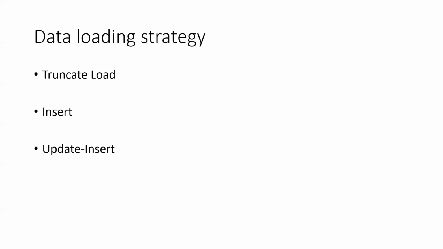So based on the delta records, we need to check whatever records have come from the source system, whatever new records are there. Based on that, we can either go ahead with inserting the record, or we can update the record, or upsert the record. Update whatever has been updated from the source system, and if there is any new record, that should be inserted. This is the upsert strategy.